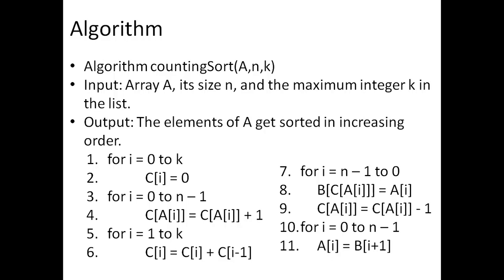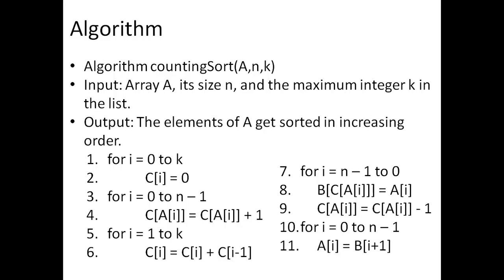The cumulative frequency is computed using line 5 and line 6. Lastly, the array A is scanned starting from the rightmost index to arrange the elements in the desired order in another array, say B, reducing the corresponding frequency values stored in the array C by 1 in each iteration.